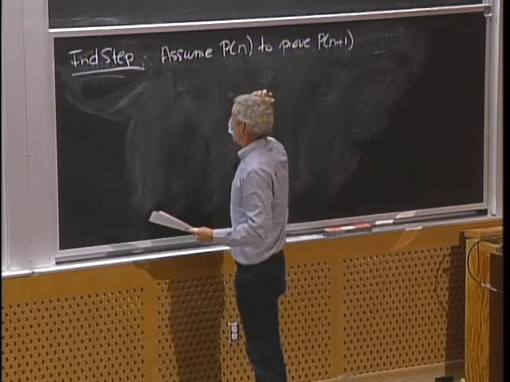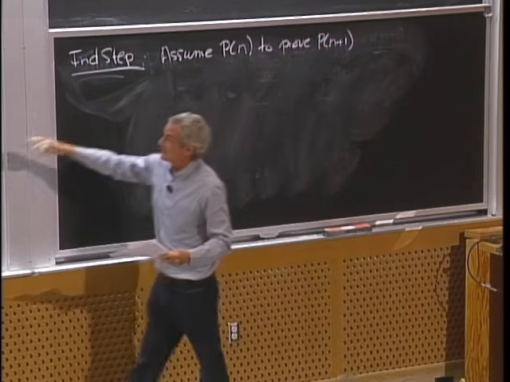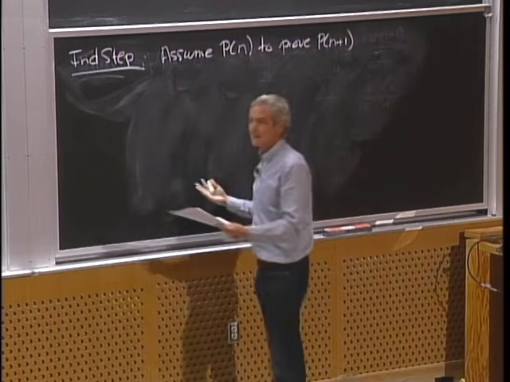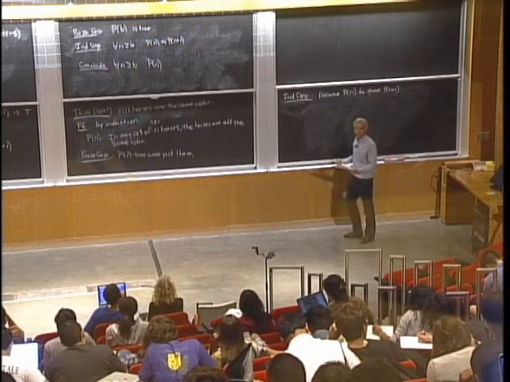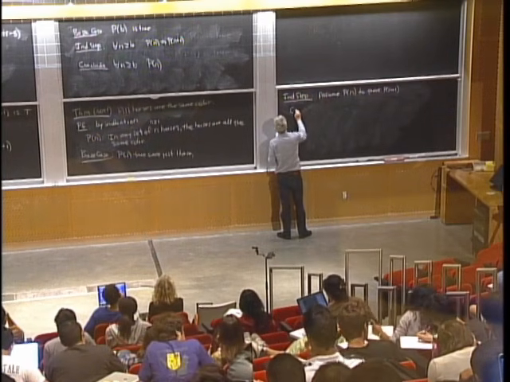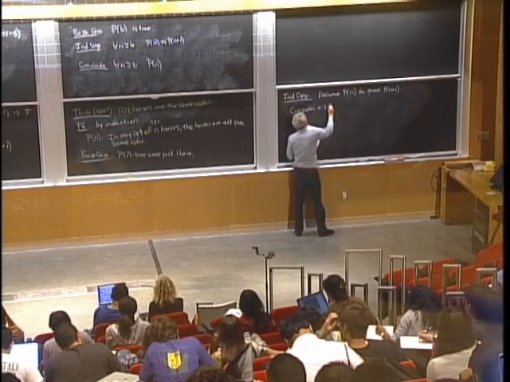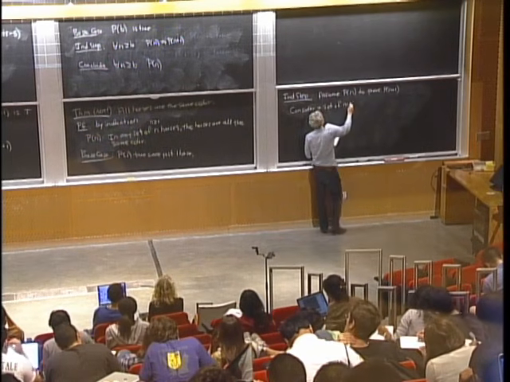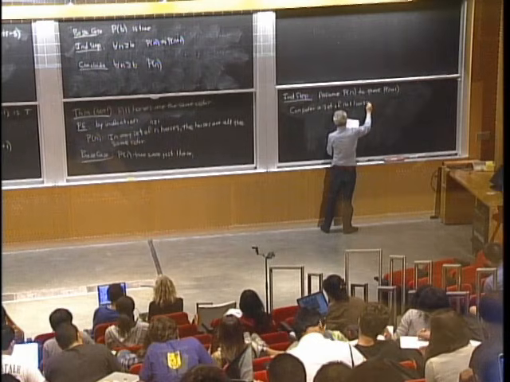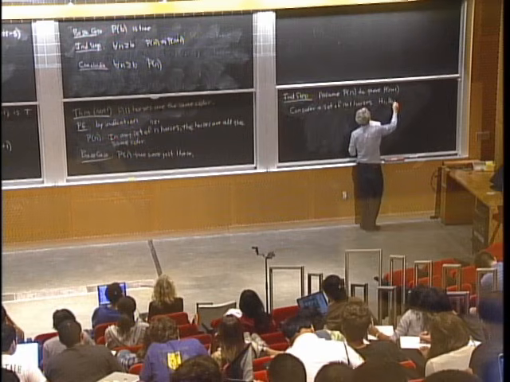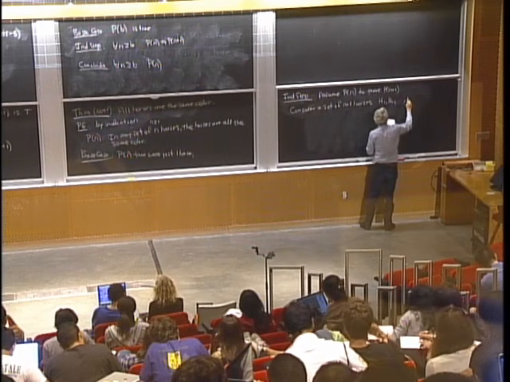So I'm going to assume that in any set of n horses, the horses are all the same color. That I start with. And now I look at a set of n plus 1 horses. So we consider a set of n plus 1 horses. And let's call those horses h1, h2, through hn plus 1.